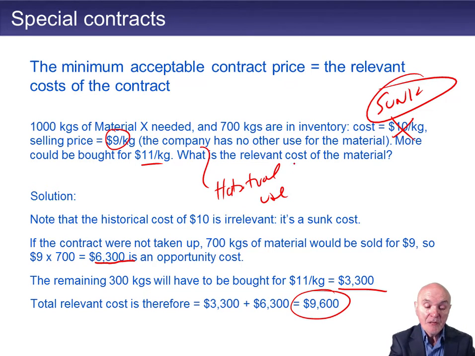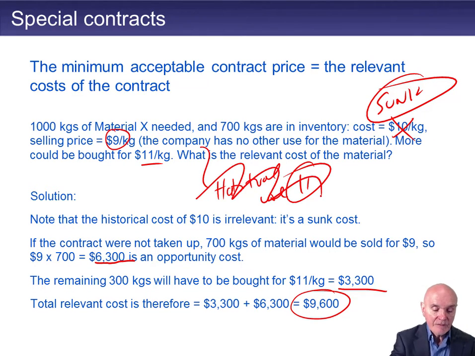If it had a habitual use, it would have been at a relevant cost per kilogram of 11, because we have to go out and buy it to keep the other activities going. But at the minute it didn't have any other use, so the best thing we could have done with it was to sell it for 9, and that's what we're going to be losing.